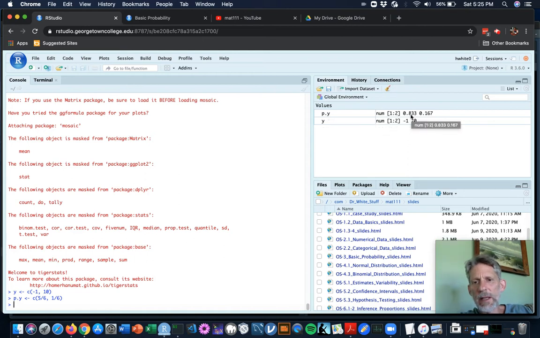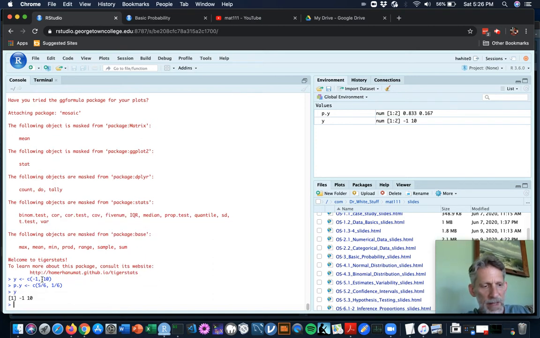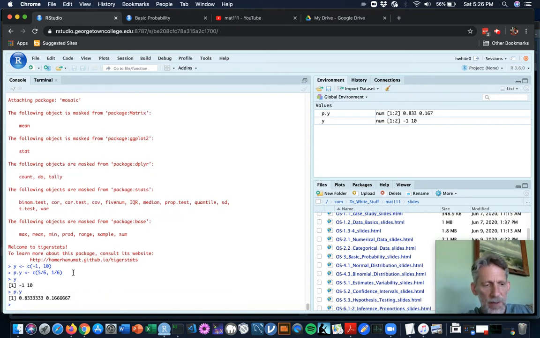And p.y is the 5/6, which is about 0.833, and the 1/6, which is about 0.167. If you write y down in the console and enter that expression, you would see the -1 and the 10 again. If you write p.y, you would see the 5/6 and the 1/6.